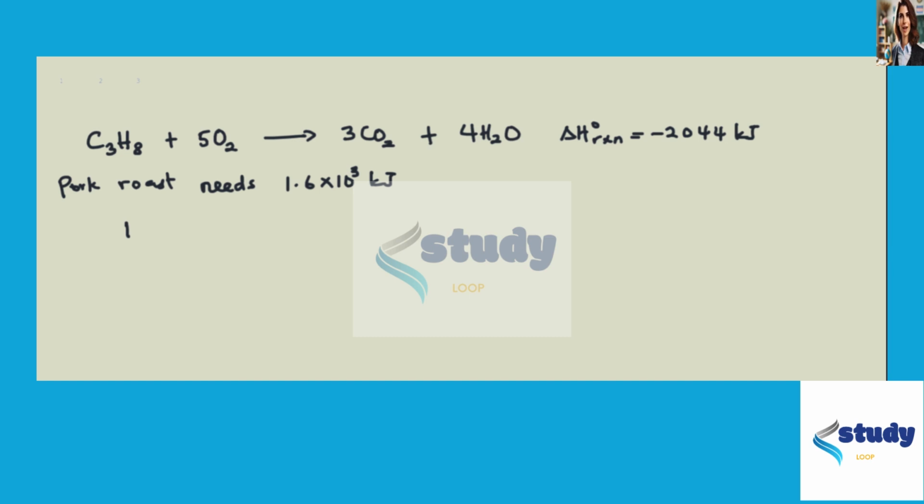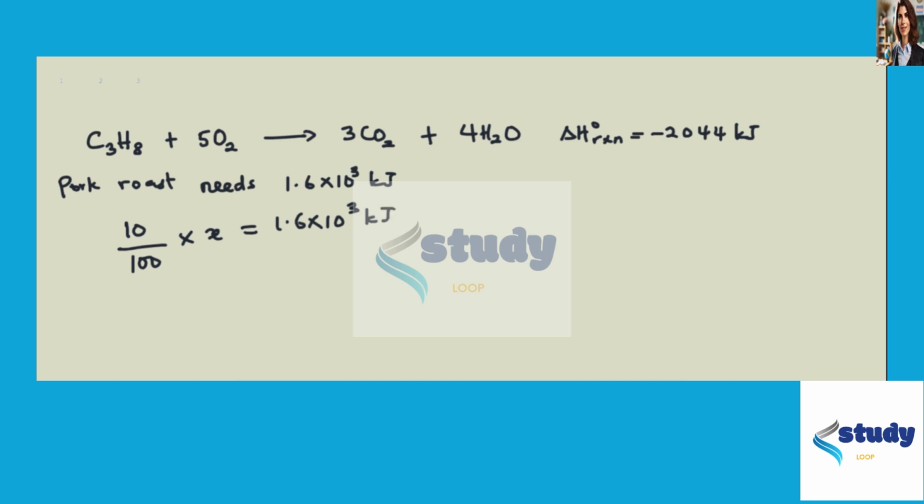But the total amount of energy needed is this. So, what amount of energy produced from this reaction would 10% of it be equivalent to this? That will be 10% multiplied by X equals 1.6 times 10 to the power 3 kilojoules.